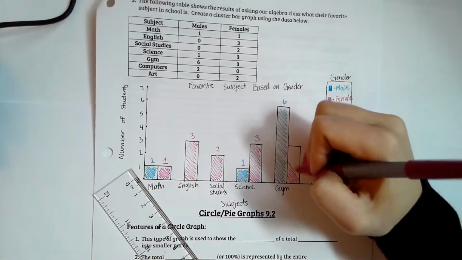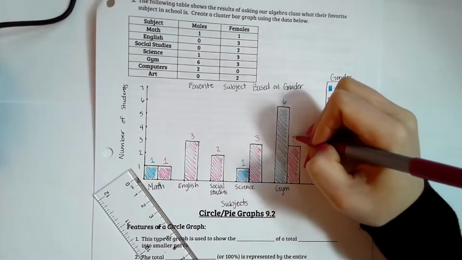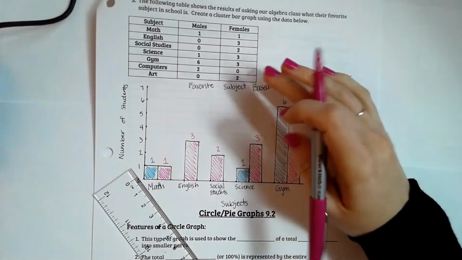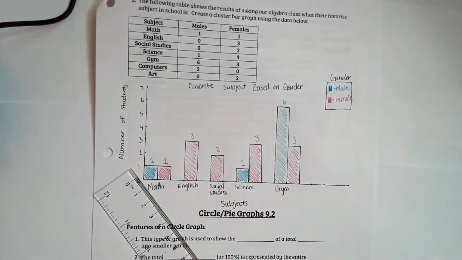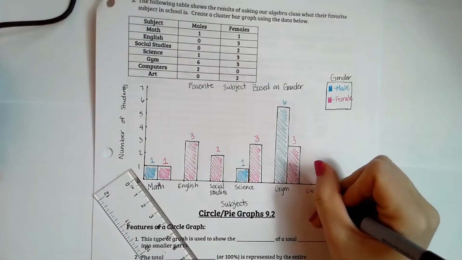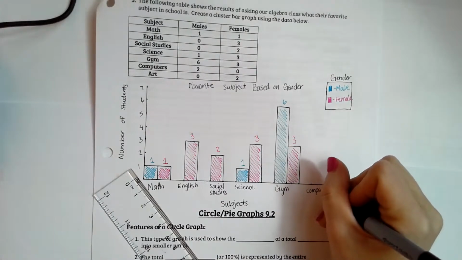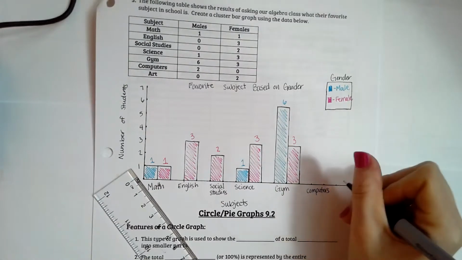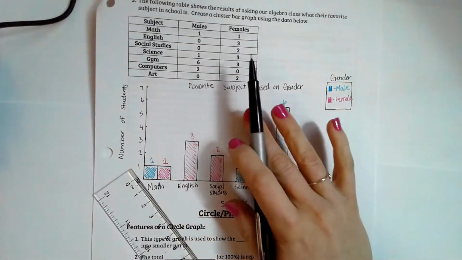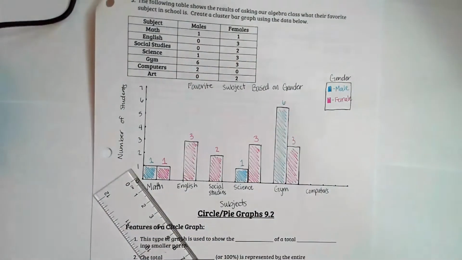Yes, 3. Okay, then computers. We didn't have any females this time, so for males, that's 2.